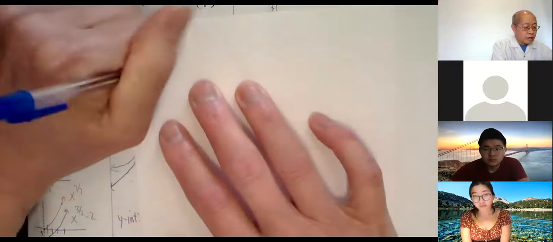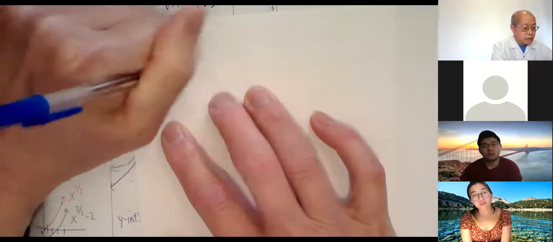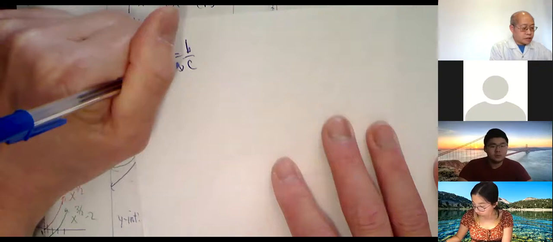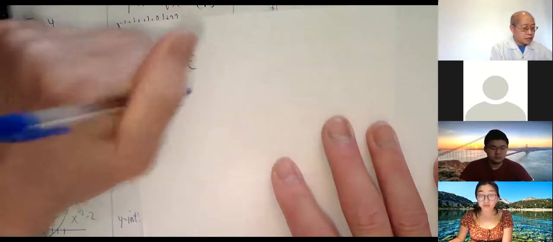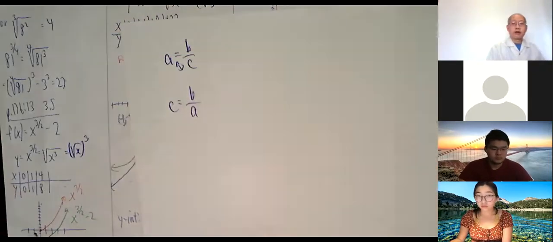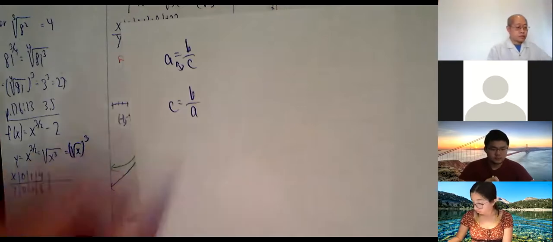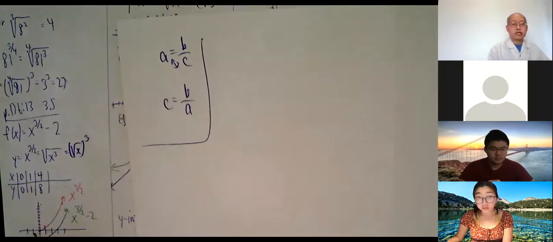Whenever you have A equals B over C, you're allowed to just switch these two and say C equals B over A as a shortcut. And I'll give you a justification of that.